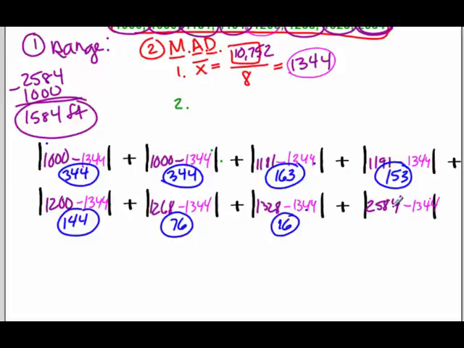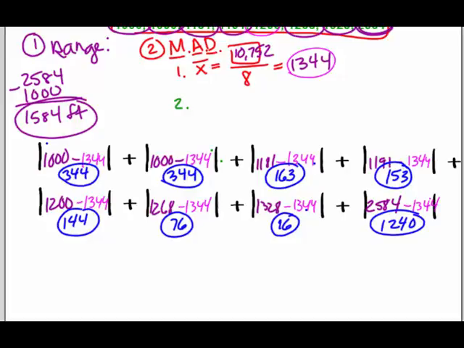And the last one, 2584 minus 1344, the only one that's bigger than the actual mean, ends up to be 1,240.